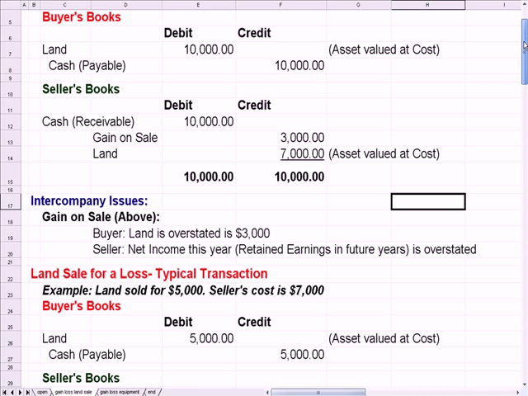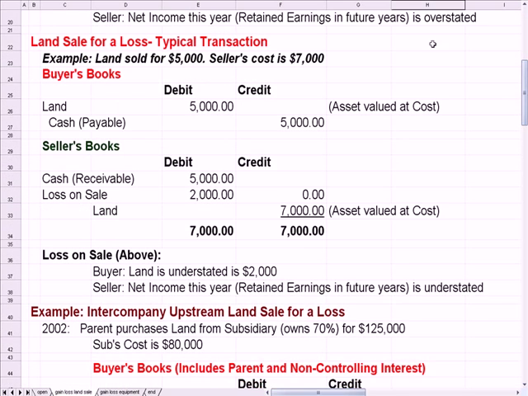So that's a gain. Let's look at a typical land sale for a loss. Let's say the land is sold for $5,000, and the cost to the seller remains the same at $7,000. So the buyer increases an asset account called land by debiting $5,000; the asset is valued at his cost, $5,000.